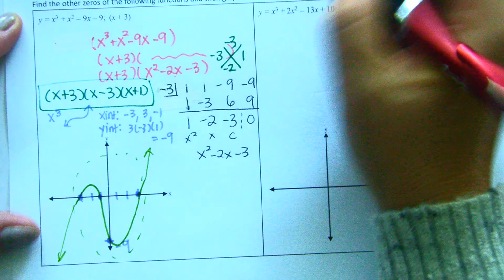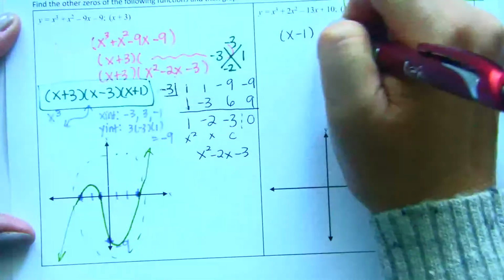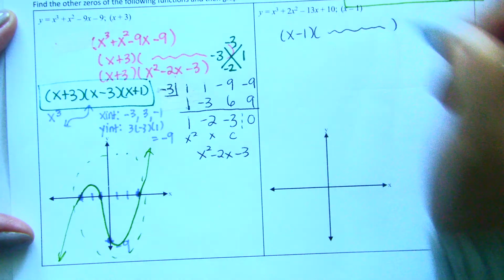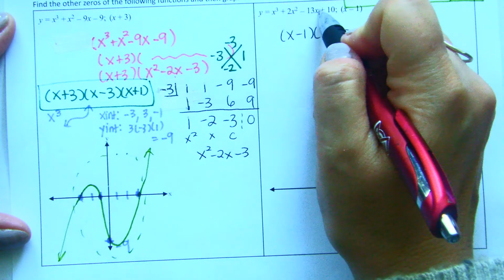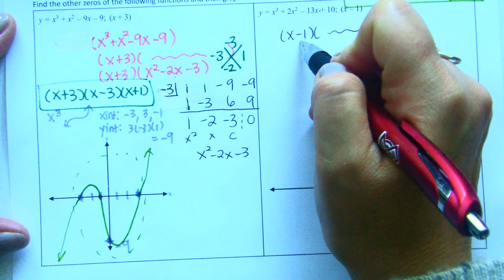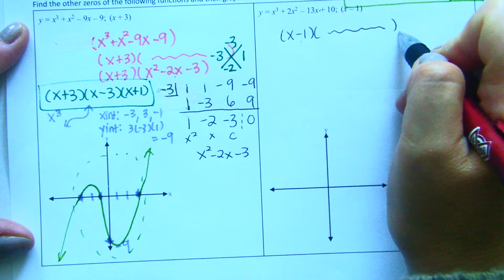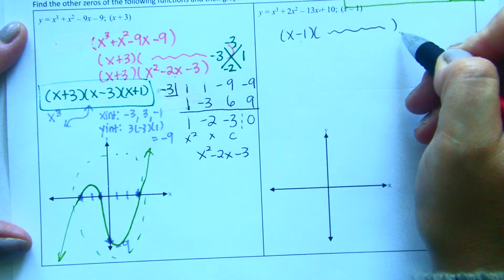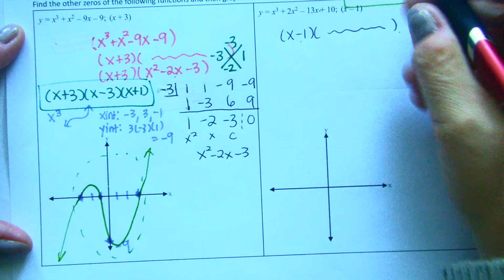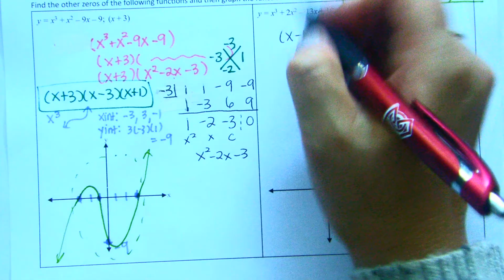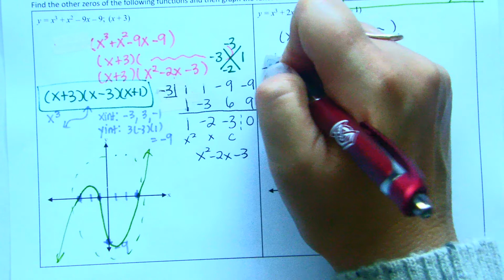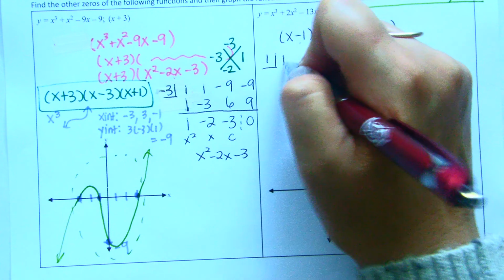All right, welcome back. So we want to know what all of this is. Okay, if I take this polynomial and divide by x minus 1, my answer will be this, so that if I were to multiply and distribute everything back, I go back to the beginning. Okay, so I'm going to do this one with synthetic division. So that's a 1. Sometimes you have to use long division.